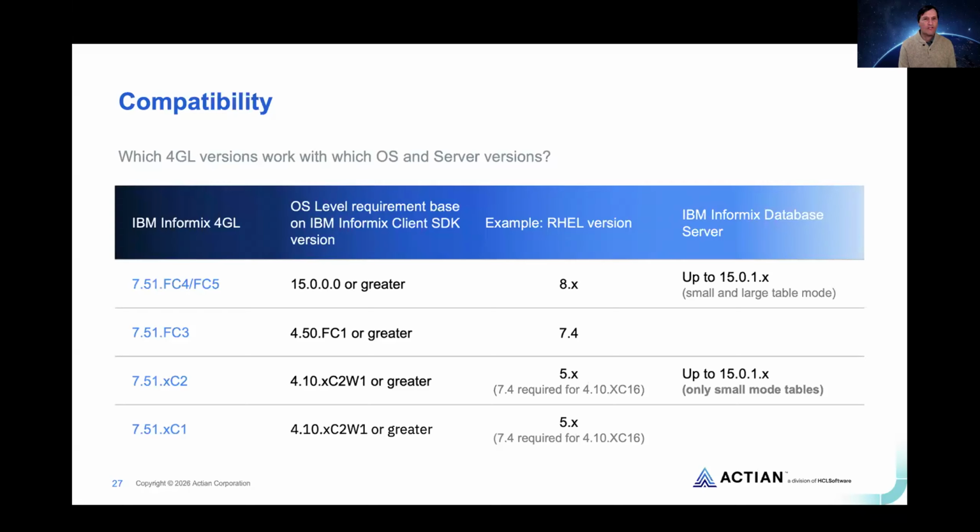So you're going to want to recompile your 4GL applications with either FC4 or FC5 for them to work hand in glove with either version 15.0.0 or the new 15.0.1. And you're probably going to need to do that recompilation on Red Hat 8 or above. Earlier versions of Red Hat, I don't think will work very well with FC4 and FC5. That's the main takeaway here.